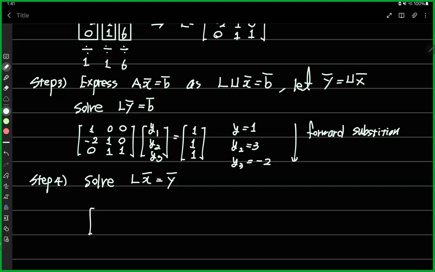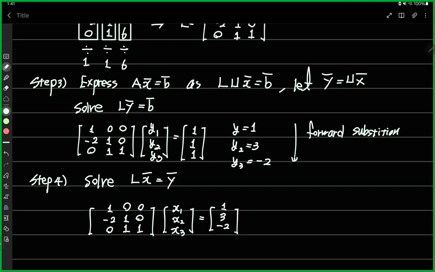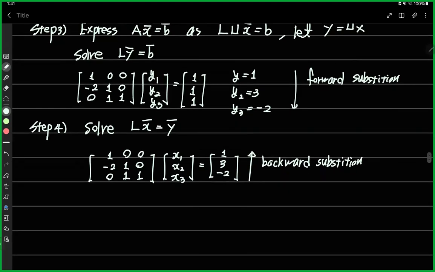So L is 1, negative 2, 0, 0, 1, 1, 0, 0, 1, times x1, x2, x3. This is equal to y bar. What is y bar? It's 1, 3, negative 2. So using backward substitution, we can find x1, x2, x3, right?